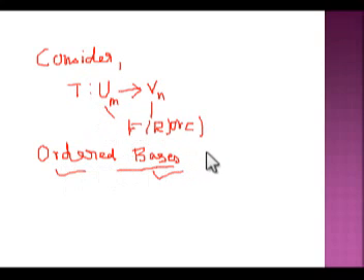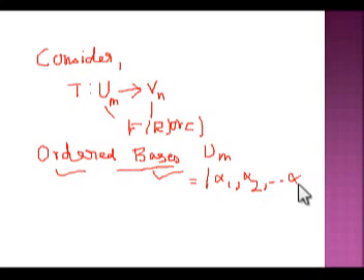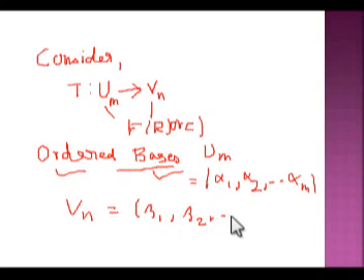So I am taking an ordered basis for U: alpha 1, alpha 2, up to alpha m, and the ordered basis for V is beta 1, beta 2, up to beta n. So these are the ordered bases.